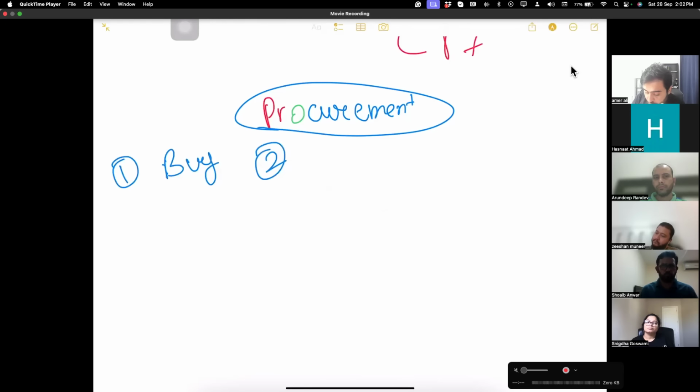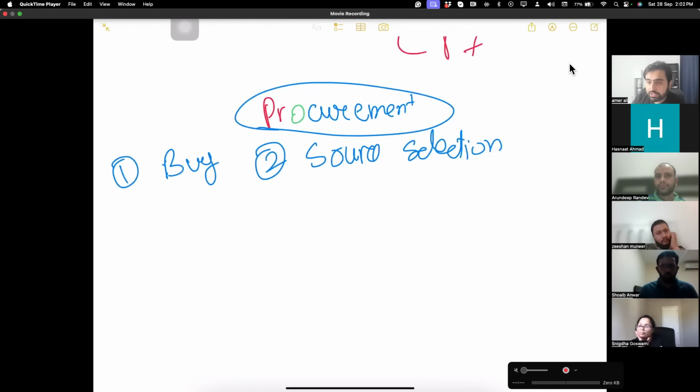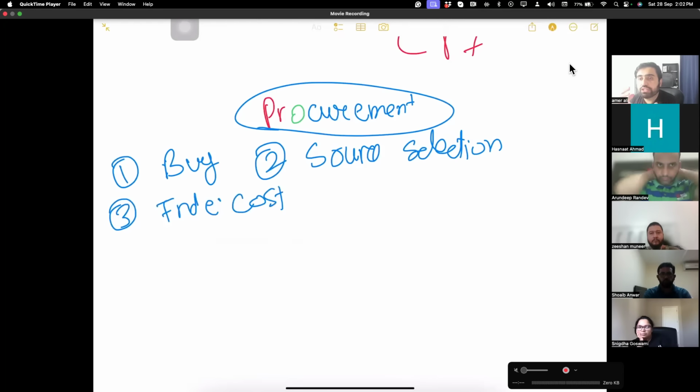I decide source selection criteria. So I want to buy from someone on reference basis, on quality basis, whatever the basis is. Sometimes we also get independent estimates, like how much it will cost, because there can be a monopoly in the market, so I want to get an expert judgment. What will be the cost of that?